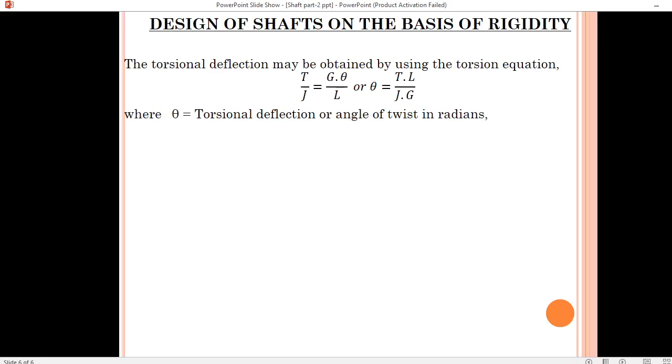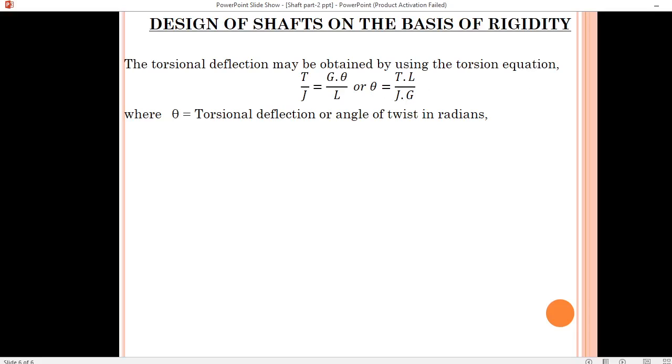In case of a camshaft of an IC engine, where timing of the valve should be maintained, the permissible value of theta should not exceed 0.25 degree per meter length of shaft.